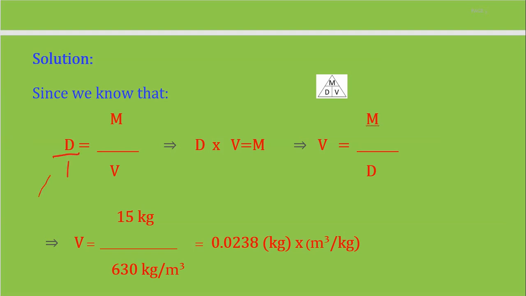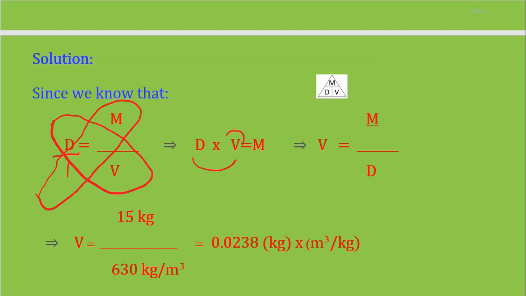So if you cross multiply m by 1, and here you cross multiply d with v, we will get d times v and m times 1, which is m. So d times v equal to m.